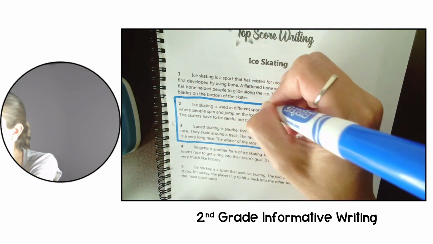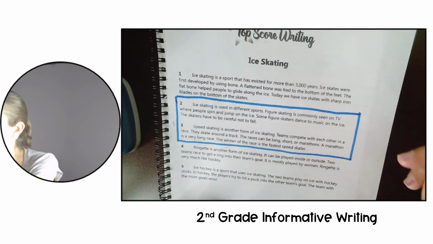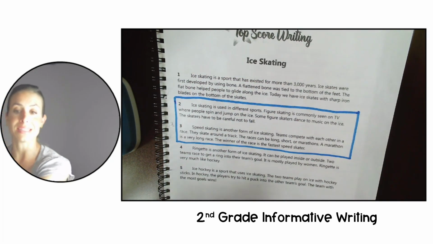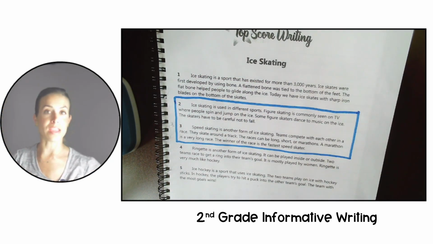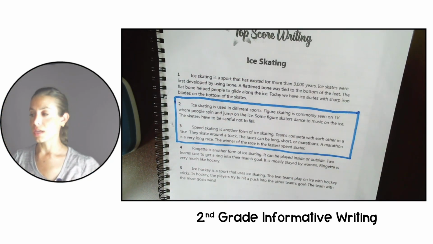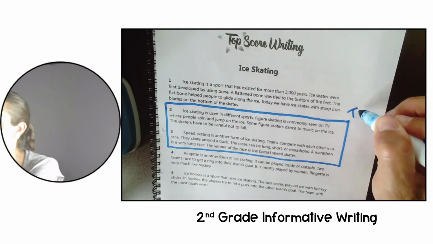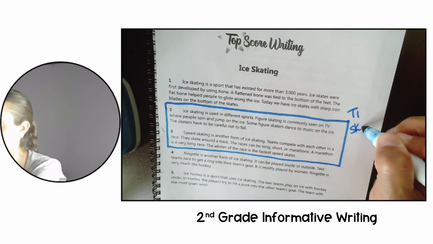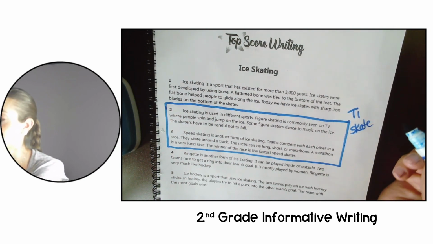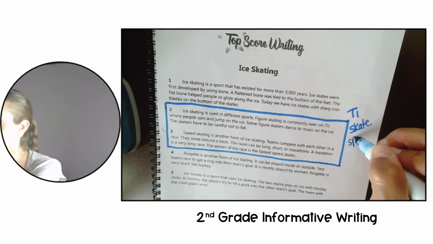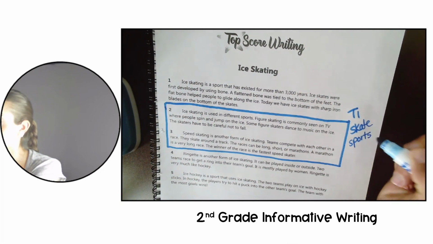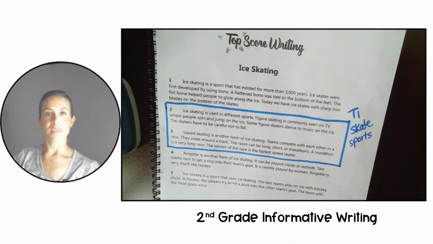So I'm going to box that off because I have a good amount of information that I can teach my reader about within that box. So I'm going to focus on, for my T1, skate sports, because both of these paragraphs talk about skate sports. So I'm going to put T1 skate sports there.